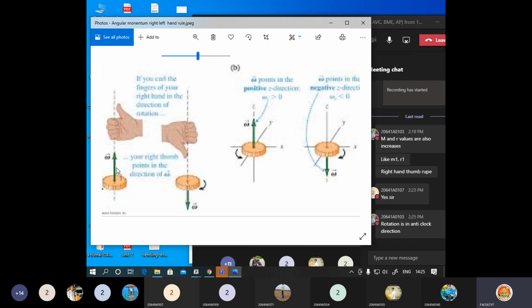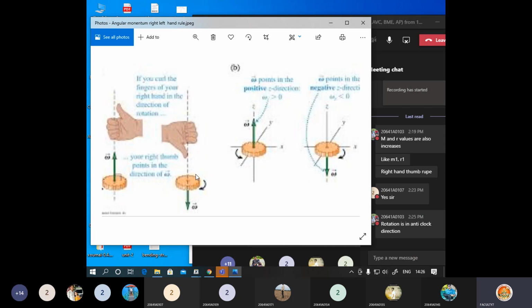So both the things are there. If the fingers are curled in this direction, the disk is rotating in this direction. If the disk is rotating in this direction, the direction of L is downward. If the disk is rotating like this, the result is going towards this green arrow mark.